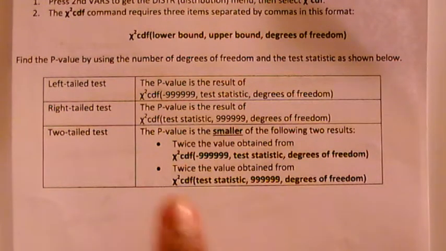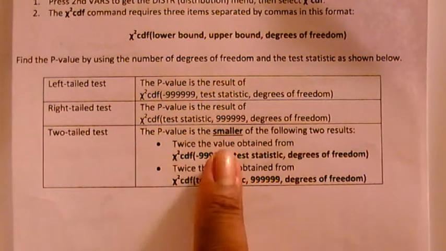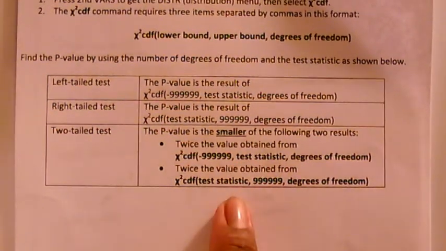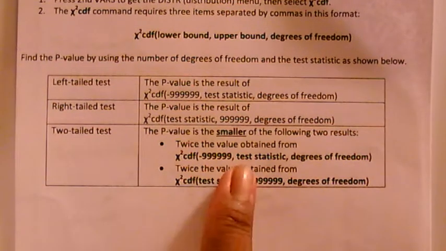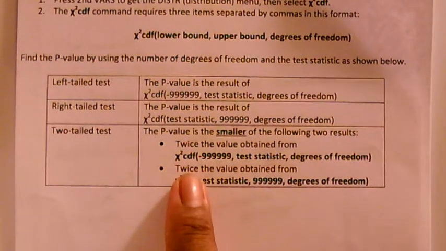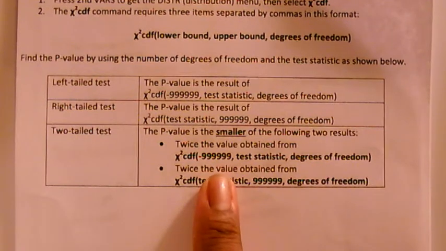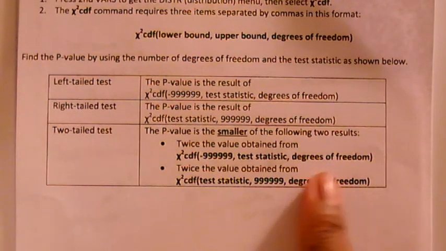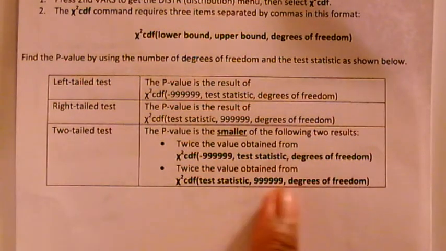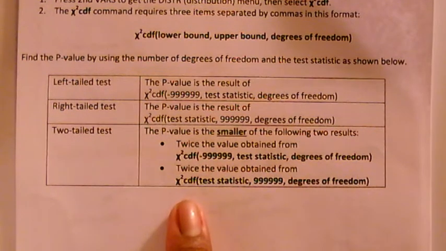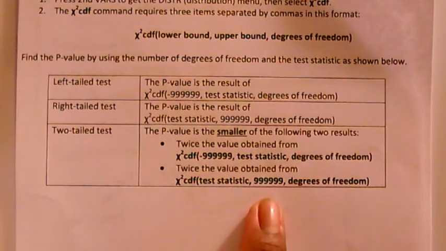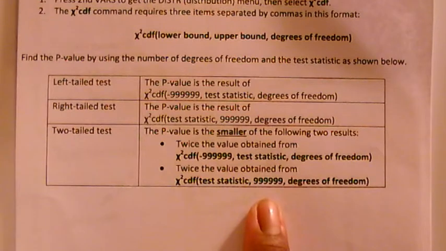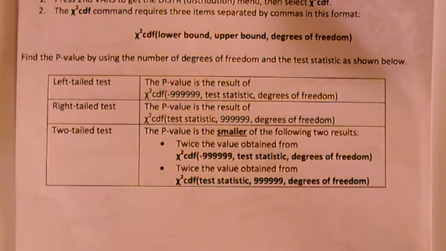Now, if you have a two-tailed test, then the p-value is going to be the smaller of these two, and that will be twice the value obtained from the chi-square CDF for negative 999,999, then your test statistic and degrees of freedom, or twice the value obtained from chi-square CDF, test statistic, 999,999, and then degrees of freedom.